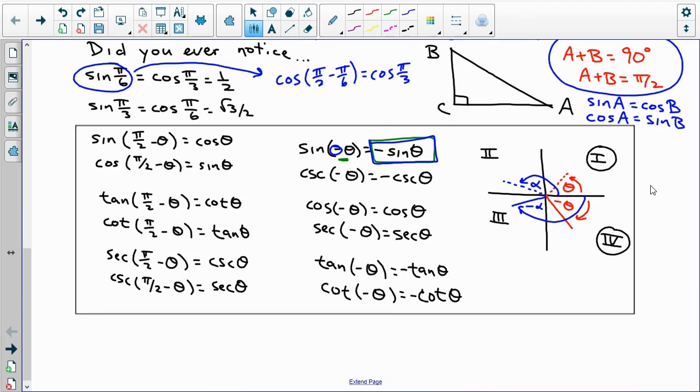We can treat it like the positive angle. So just an example, cosine of 30 degrees is equal to the cosine of negative 30 degrees. But the sine of negative 30 degrees is not equal to the sine of 30 degrees. It's equal to the opposite of the sine of 30 degrees. So those are just some examples.